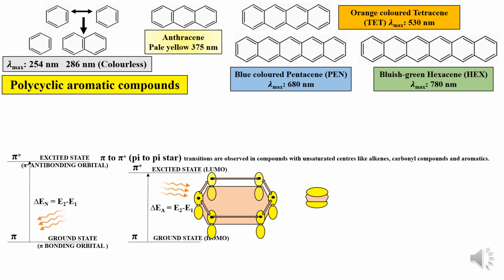And the energy gap in case of anthracene is labeled as delta Ea. So delta Ea is the energy required to bring about transition of pi electrons in anthracene from the ground state to the excited state. Now the ground state is also called the highest occupied molecular orbital. The other name for the excited state is the lowest unoccupied molecular orbital. That is HOMO and LUMO.